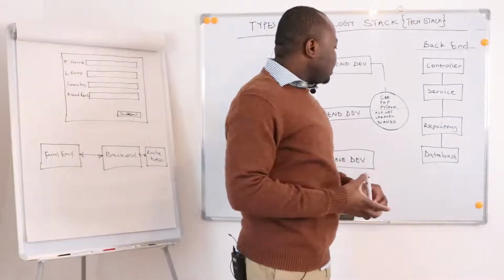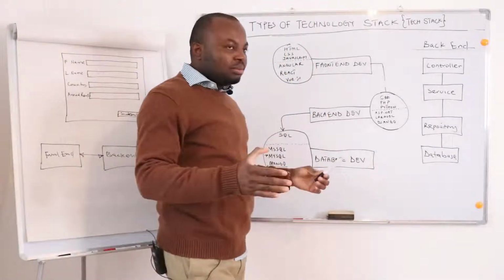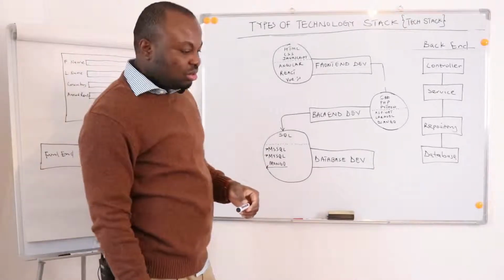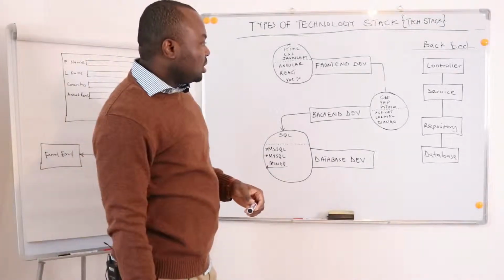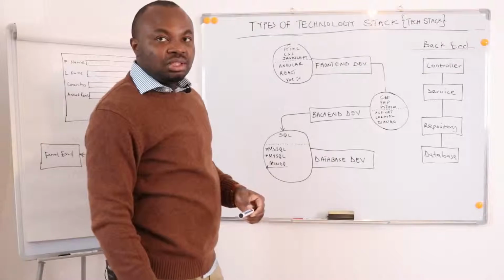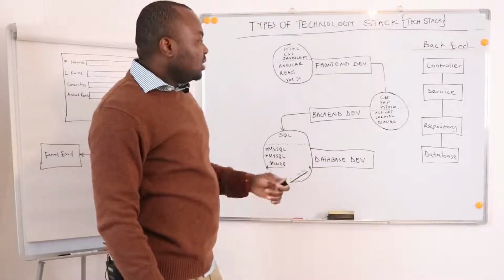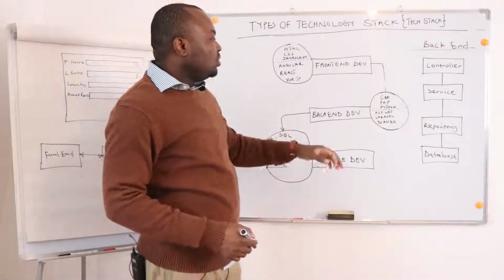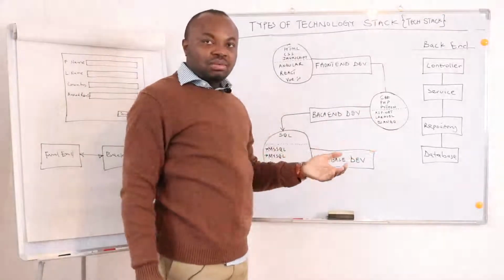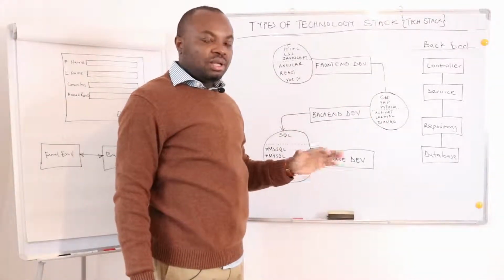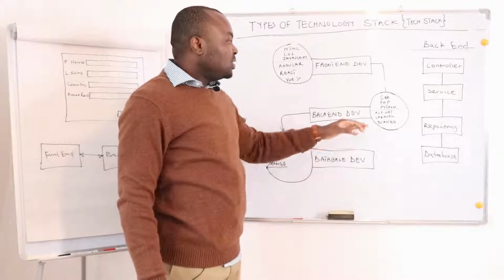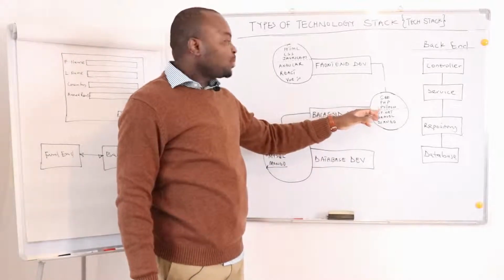To start off, let me just give an overview of the type of programming languages we use at the back end. There are several programming languages we make use of when we work at the back end, and some of them have been listed here.